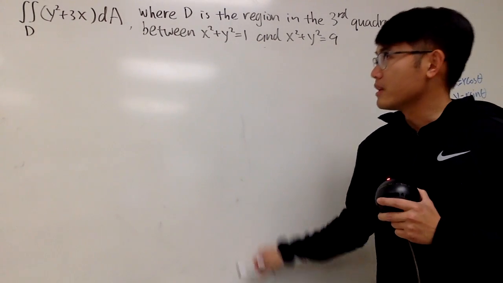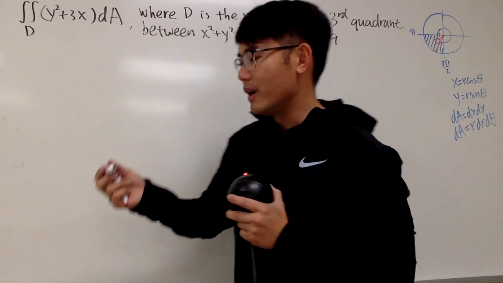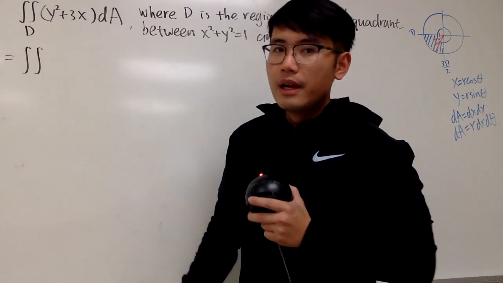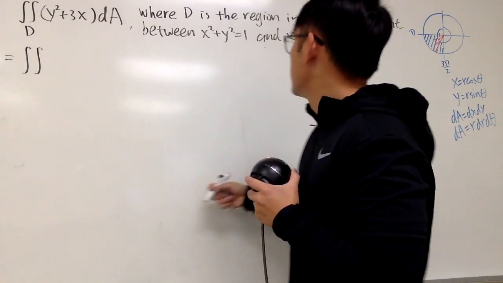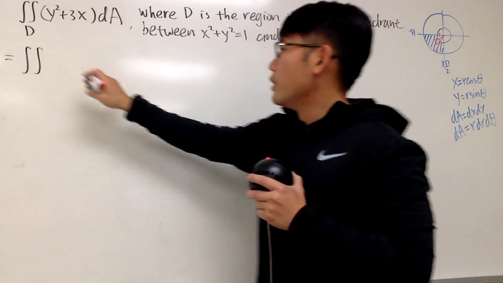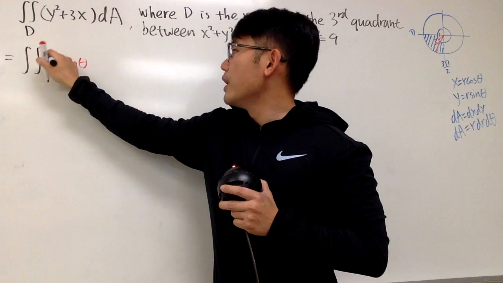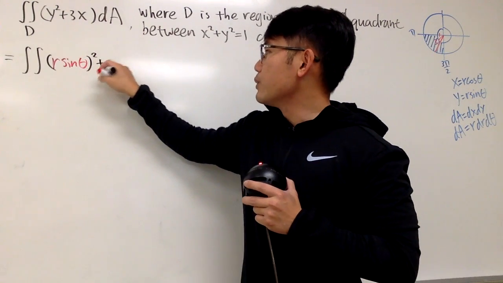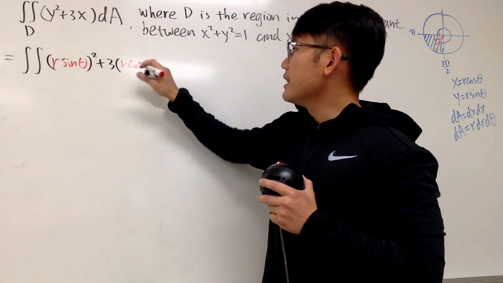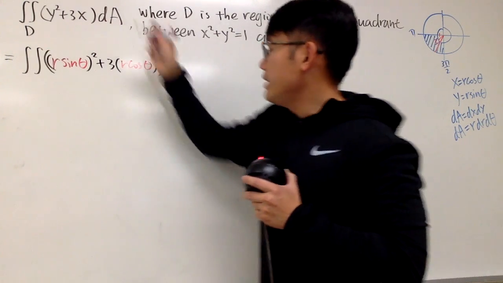Now, we'll be calculating this integral, of course. We'll take this integral into the r and theta world, and then we'll see what happens over there. So here we go, integral. And let me just write down everything inside first. So we have y squared. Y is r sine theta, and then we are going to square that, and then we add it with 3 times r cosine theta, like this. And then, again, remember dA.